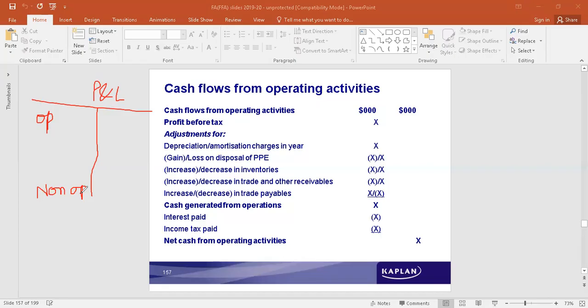It is to be charged to the profit and loss account because it is part of the business activity, but not specifically operating activity. It is non-operating in nature, but it is included in the P&L account. One example is loss on sale of asset. Another example is dividend distributed to the owners. That should go to financing activity.